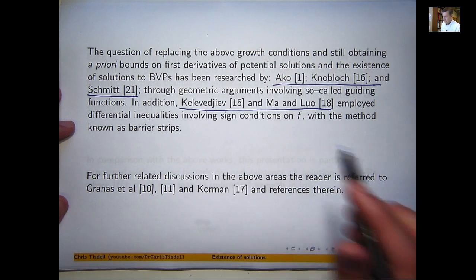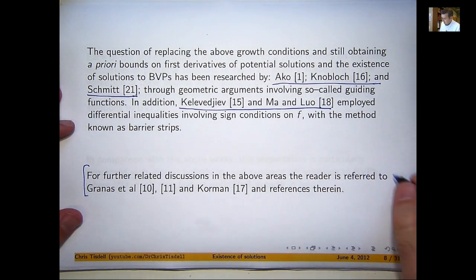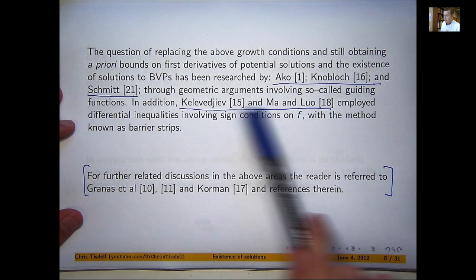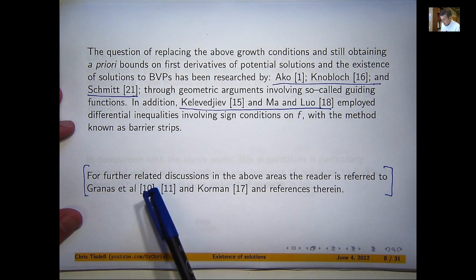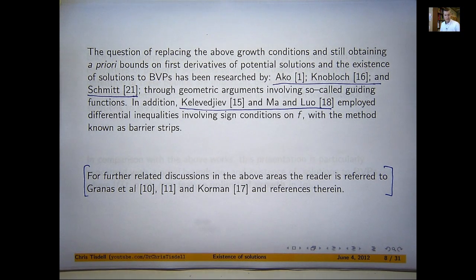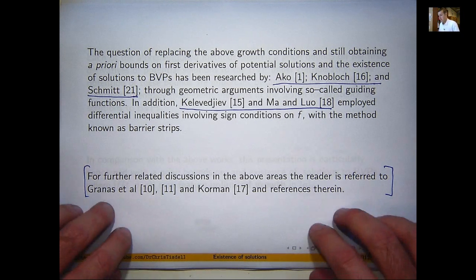Now, if you want to learn a little bit more about those approaches, you can look up these papers, or you can have a look at this book and this paper, or this paper by Corman. They're very comprehensive coverage of these Nagumo growth conditions.